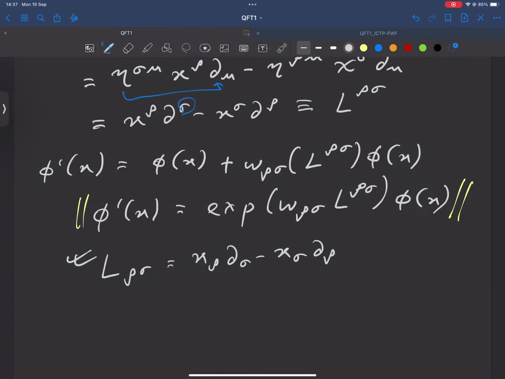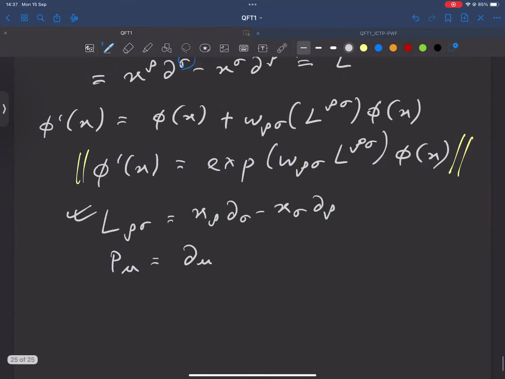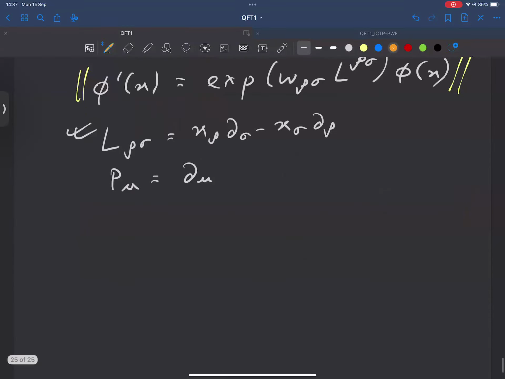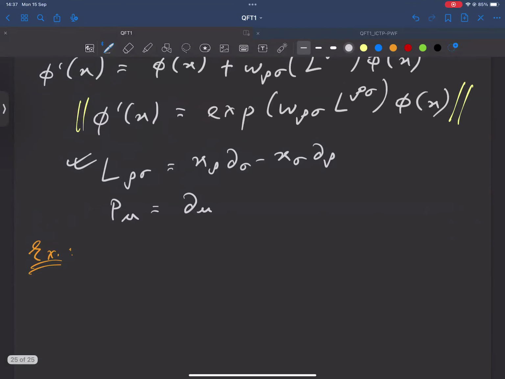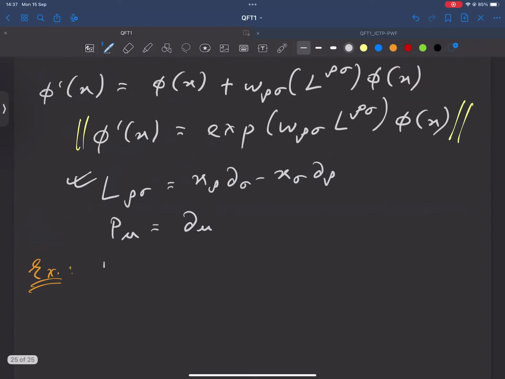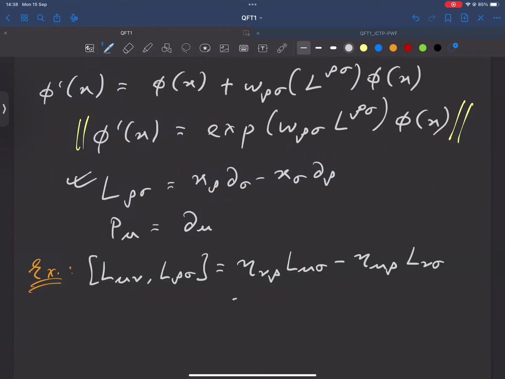Now there's a nice exercise that you can do. So you take L to be this and P to be this, and you can show that the following holds. So yes, you can show that this thing holds. L mu nu L rho sigma is eta nu rho L mu sigma minus eta mu rho L nu sigma minus eta nu sigma L mu rho plus eta mu sigma L nu rho.